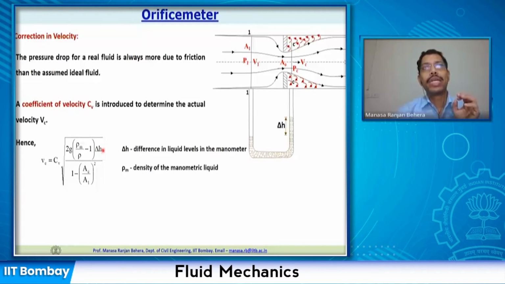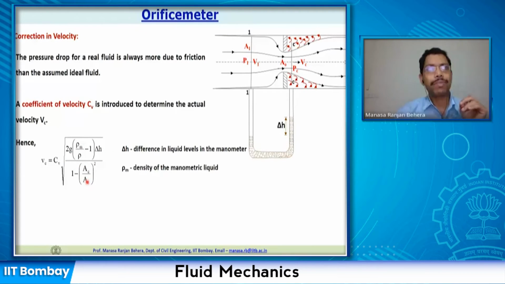So here it is already converted. So if you see, this is rho m by rho that is taken, so that minus 1 is considered here. So for delta H, you basically take the height, that is the manometric difference itself. Okay, you are not converting this to the working fluid. All right, or you can just present it in terms of the working fluid, and accordingly the equation has to be revised.